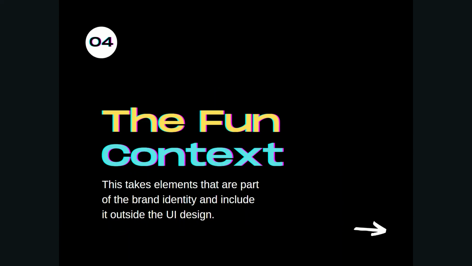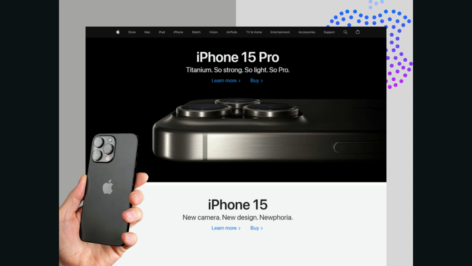Then we have the brand context. This simply takes elements that are part of the brand identity and includes them outside the UI design. Let me show you what that means. Now, do you notice something here? We have a UI design we did, and it's for an iPhone 15 Pro.